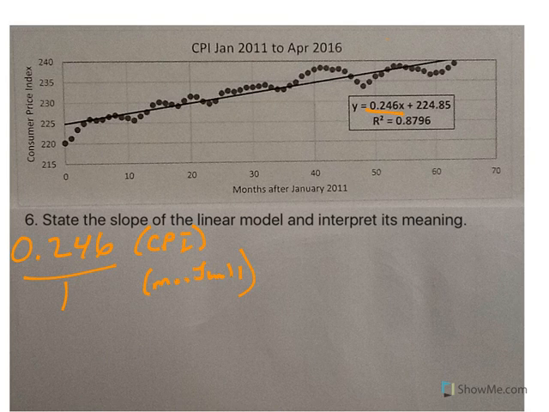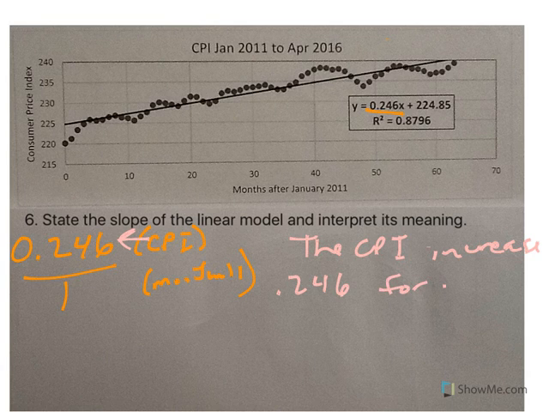So here's what this means, and I like to write it as a fraction so that I can write my meaning a little easier. The slope is positive, so that means the CPI, because that's what it represents, increases 0.246 for every 1 month after January of 11.